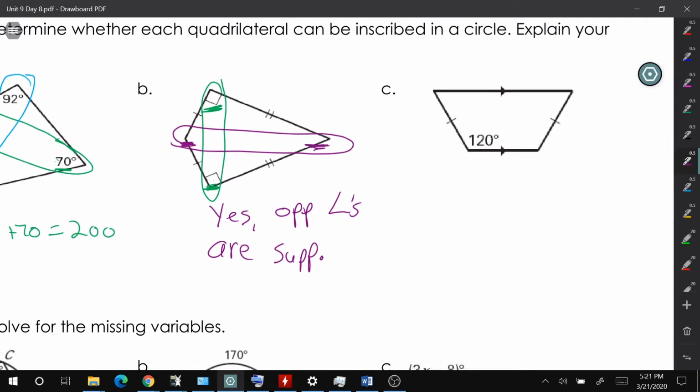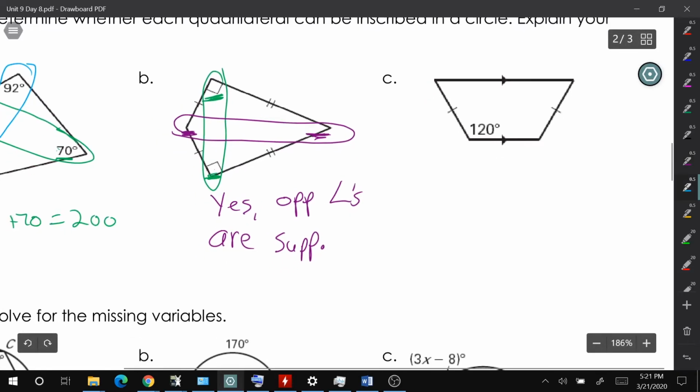And then the last one, we know that this is an isosceles trapezoid because we have one set of parallel lines and the two legs are congruent. What that means is that these two base angles are congruent, so this is 120 as well. It also tells us that these two angles should be supplementary because we have two parallel lines cut by a transversal, so these are consecutive interior angles.